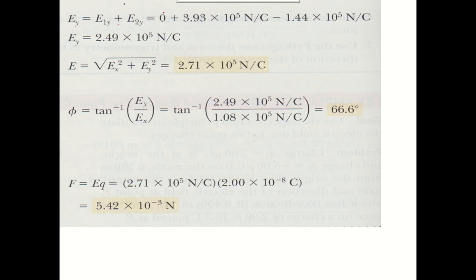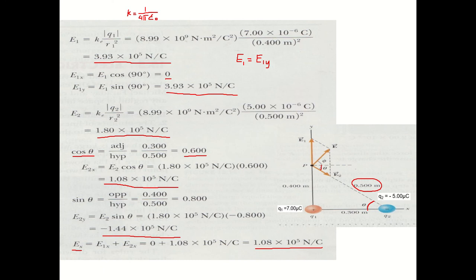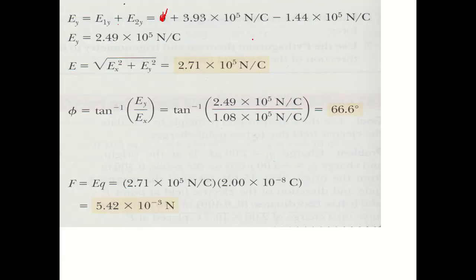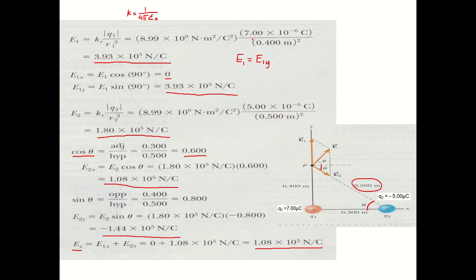Okay, so don't include this one, class. So E sub 1y is calculated as 3.93 times 10 to the 5 Newton per coulomb. Then E sub 2y is this one, which is negative. Negative E sub 2y means that it goes down.